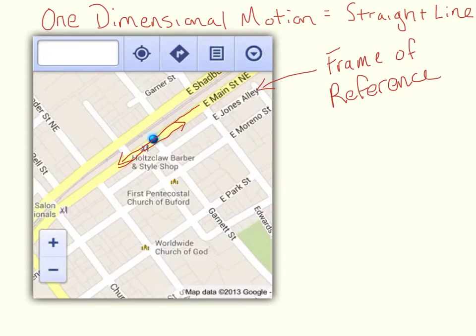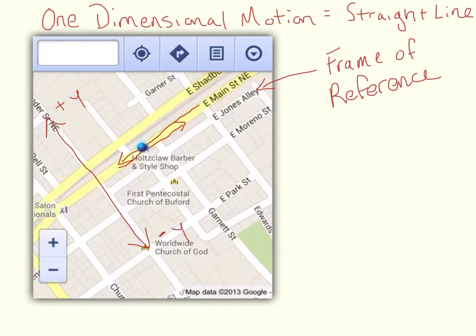Okay? Also, for my frame of reference, I chose to tilt my head a little bit to the side and pretend that this direction was kind of straight up and down. And so I called this the positive Y direction if I was going up that way. And I called this the negative Y if I was headed down in that direction.